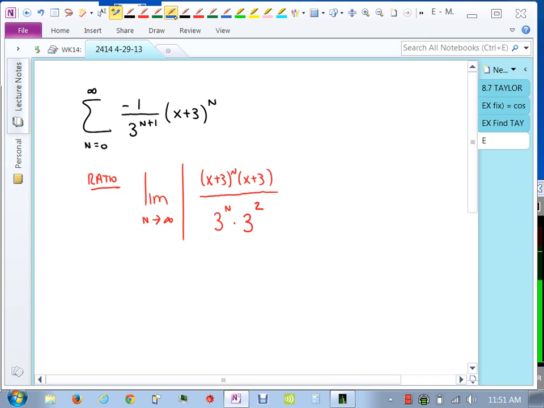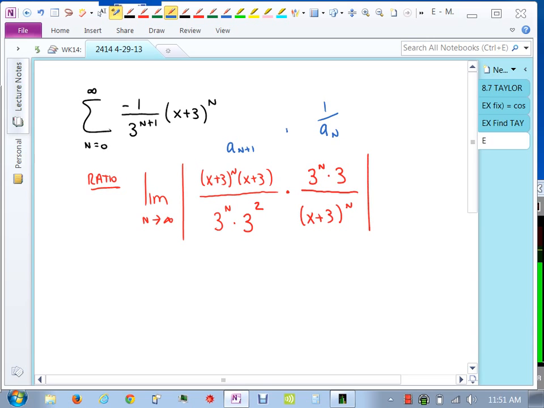This right here is a sub n plus 1, isn't it? Times the reciprocal of a sub n, which would be 3 to the n times 3 over (x plus 3) to the n. That's your a sub n, and well, the reciprocal of it.